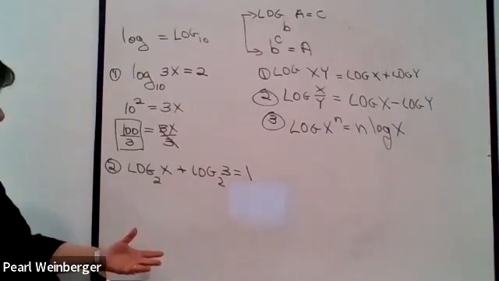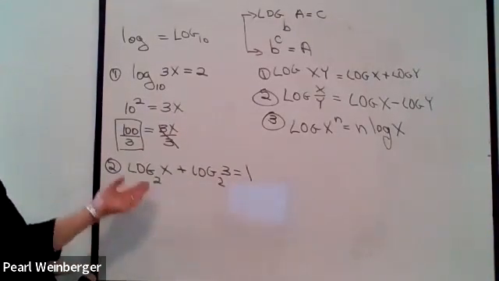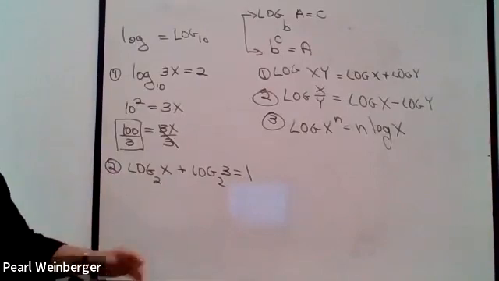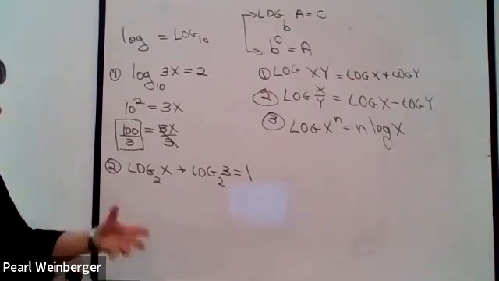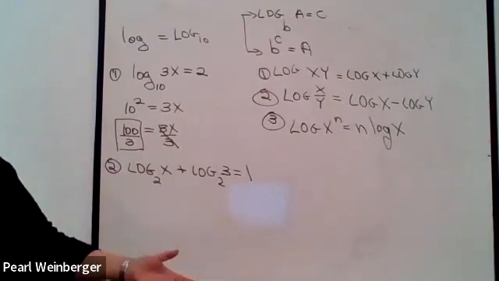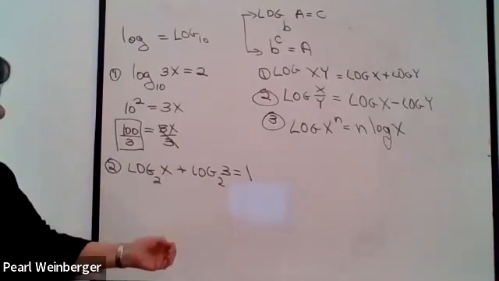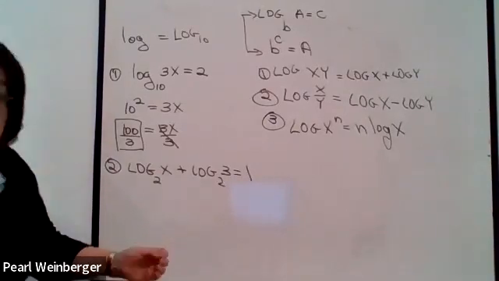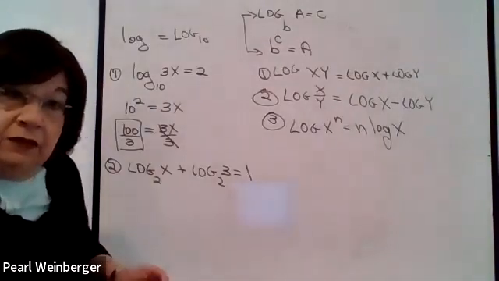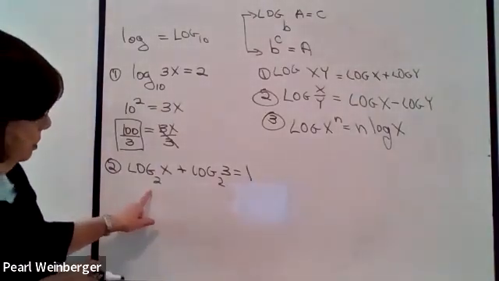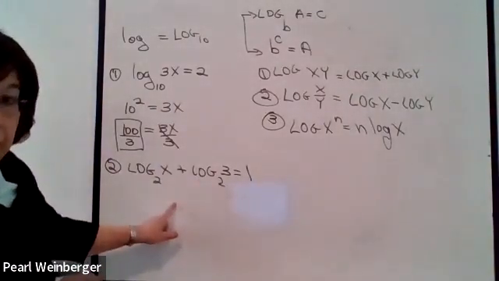Now, if I follow my rules that I've been giving you, I see the base here is 2, it's not base 10, so I should switch this from the log form to the exponential form. But the problem arising here is that there are 2 logs over here.